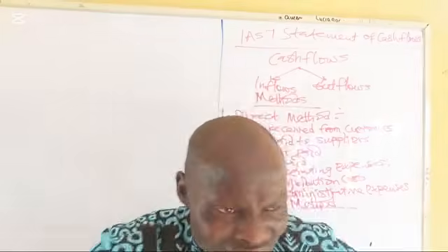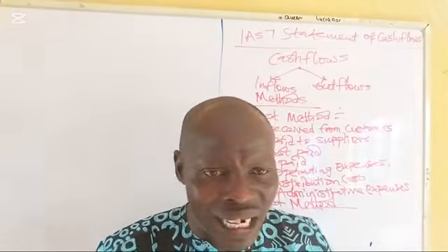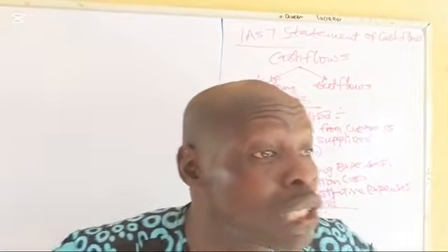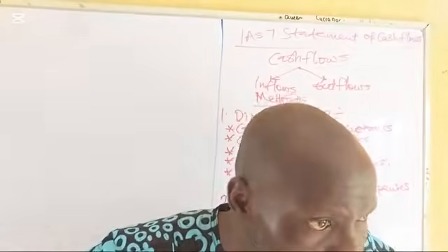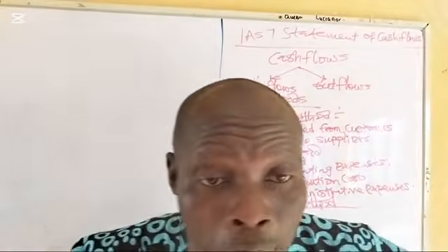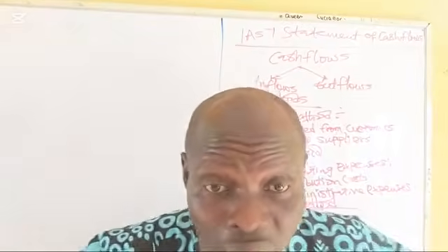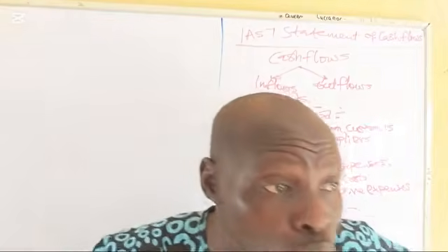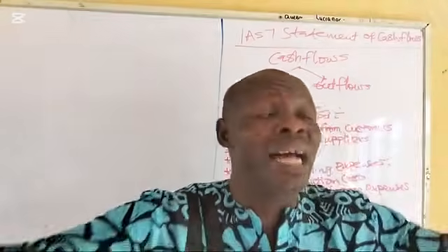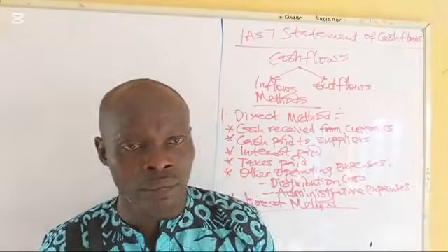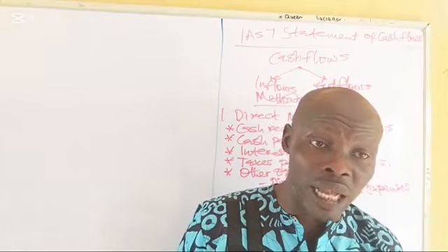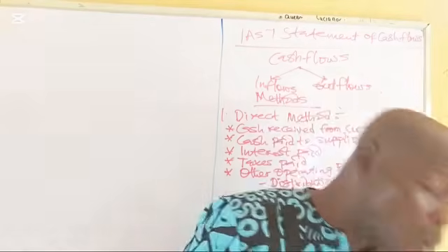If those items have been charged as an expense, the profit has been reduced by them. What would you do when reconciling your profit to cash? Since profit has been reduced by those items, we add them back: depreciation, amortization, impairment loss.